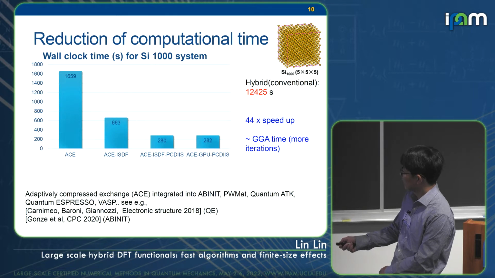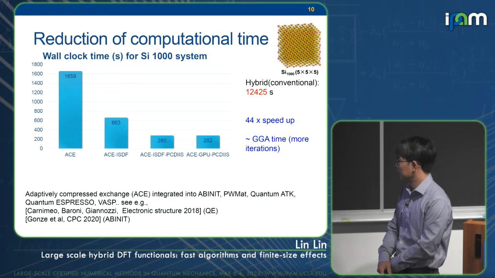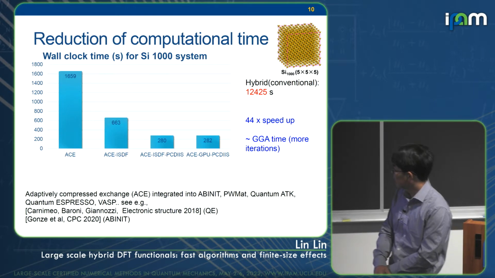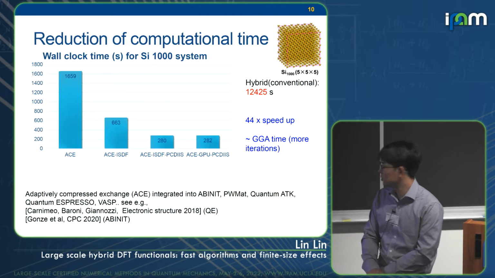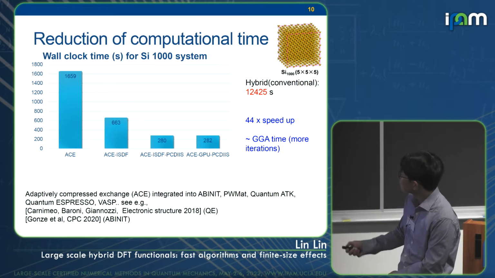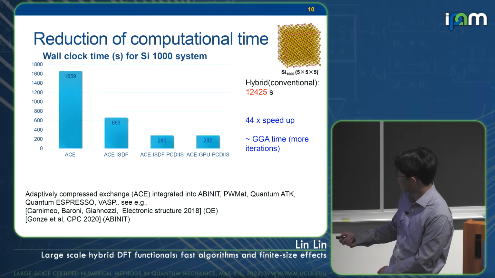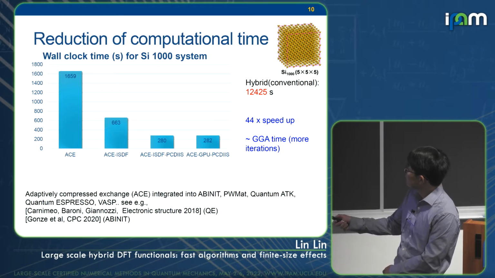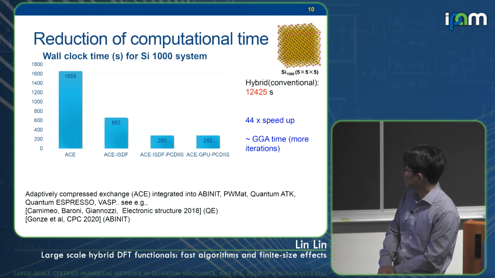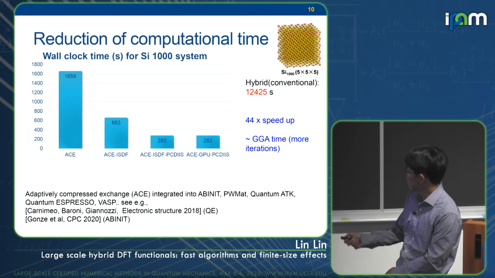Recently, I think Xavier Gonze's group has a paper on Abinit, the recent development paper, and the ACE is now the default solver in Abinit for doing hybrid functional calculations as well. I think that's also the default solver in Quantum Espresso. So this one is widely used because it's pretty much like a free lunch, as I said.